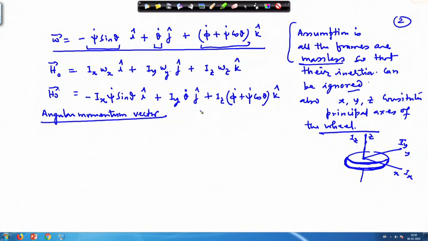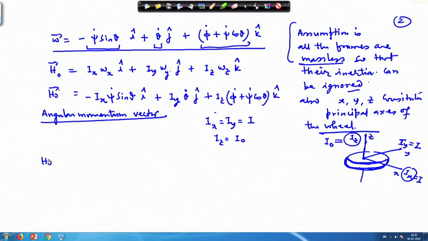So, this is your angular momentum vector as we have written here. Now, let us write I x equal to I y equal to I. So, here you replace this by I, this by I, and I z by I 0. So, I z we write as I 0.